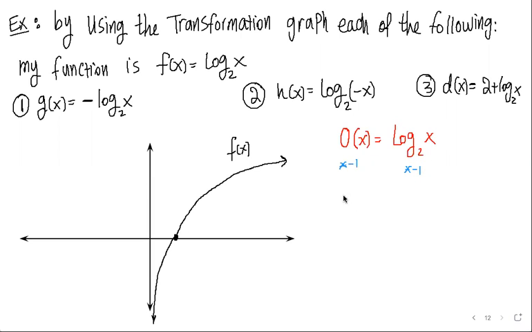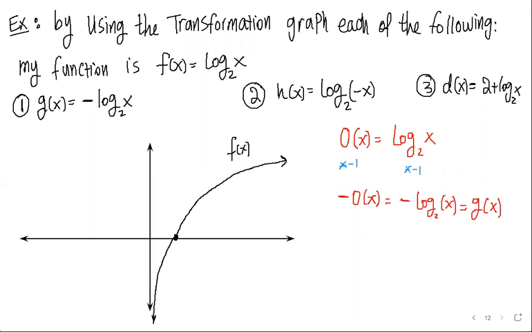Now I get minus log x equal minus log x to the base 2, and the minus log x is the same as g of x. So now to graph this function g of x, I have to graph the original one, then I have to reflect it around the x-axis because the minus here is outside.